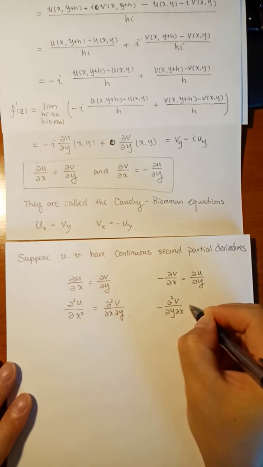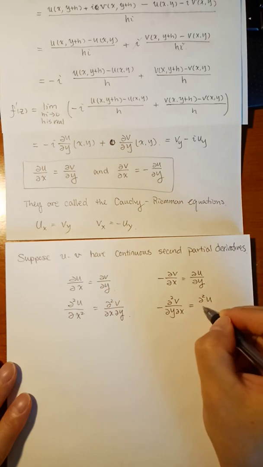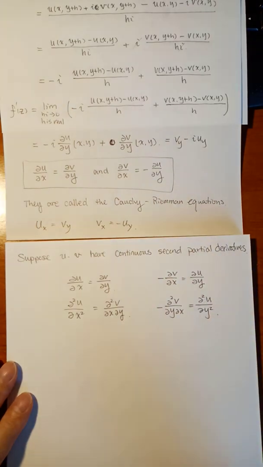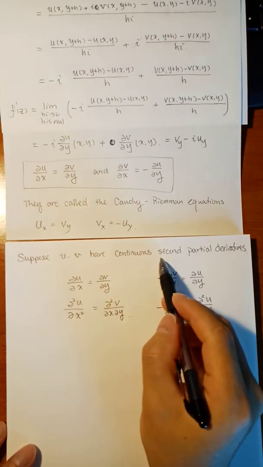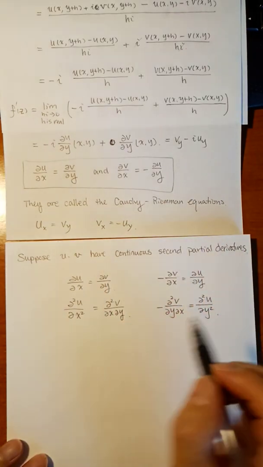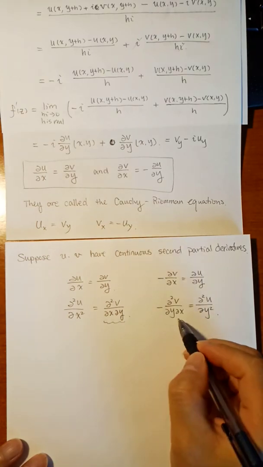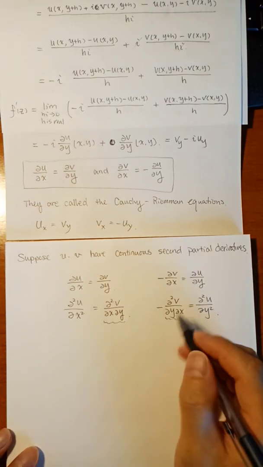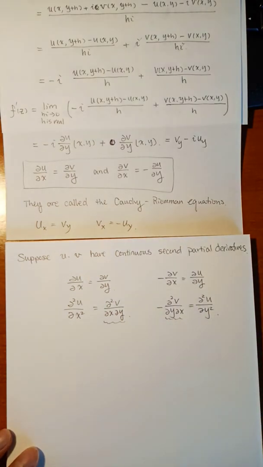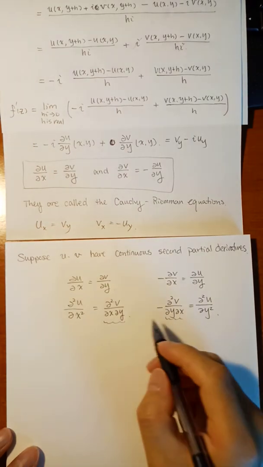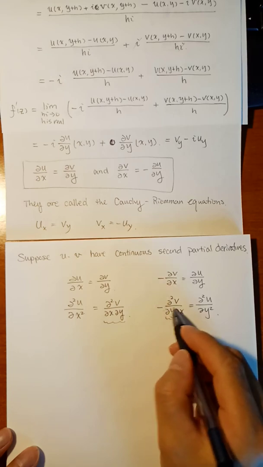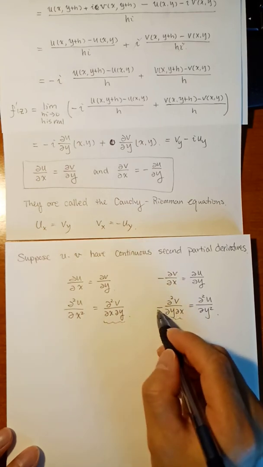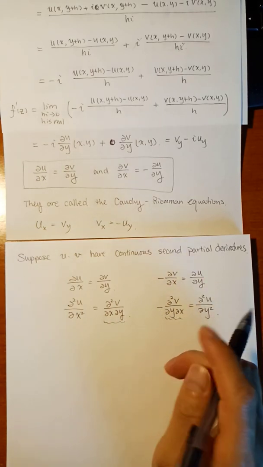Because we assume they have continuous second partial derivatives, the mixed second partial derivatives do not depend on the order of x and y. So they equal each other, but with the opposite sign. So we add them, and that's 0.